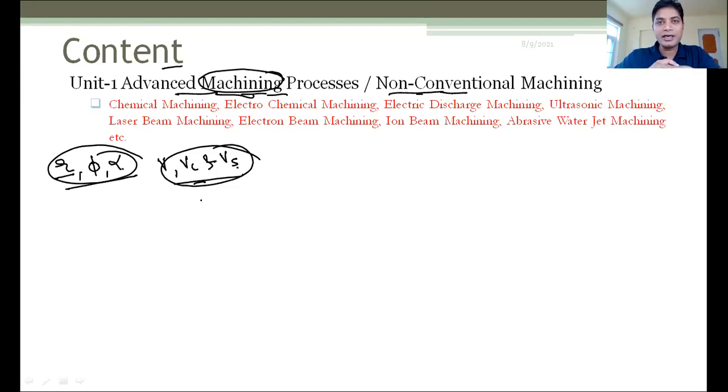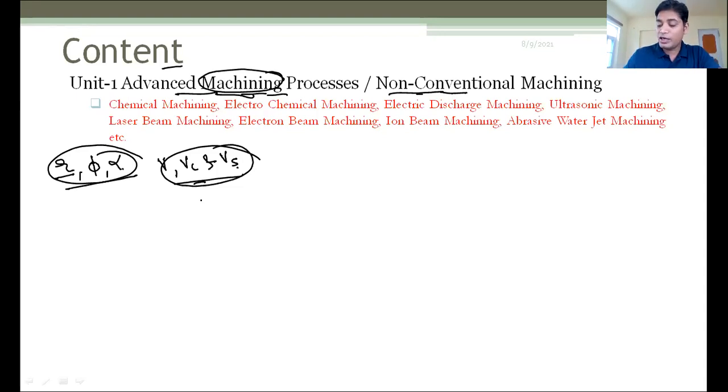And if we take a material which is very hard and brittle in nature, then discontinuous chips will be formed, because when the chip is formed, as it is very brittle, the material will come out from the workpiece in pieces.